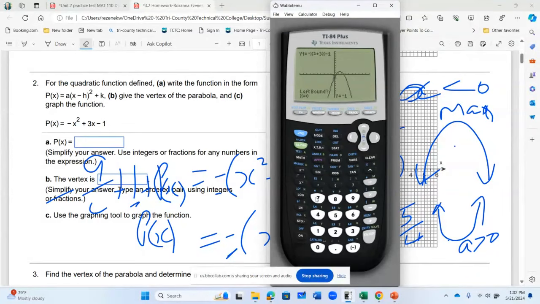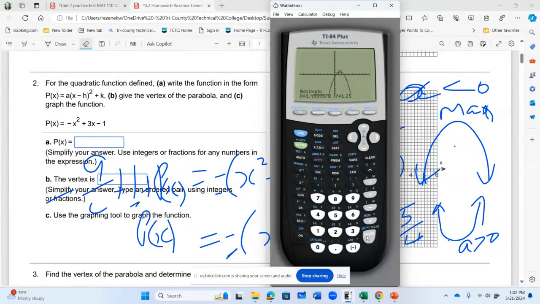My calculator is asking me, is this the left bound? Yes. Select that. And I'm going to arrow to the right. Is that the right bound? Yes. Do I guess the maximum point for you? Yes. It's going to be some kind of fraction.